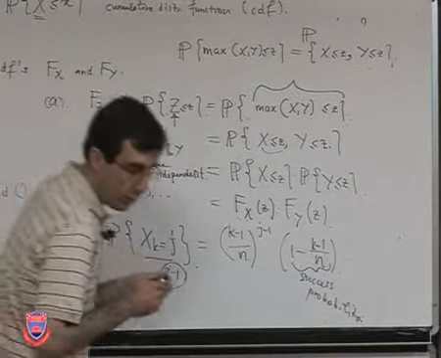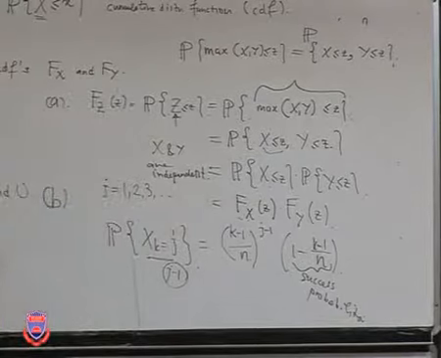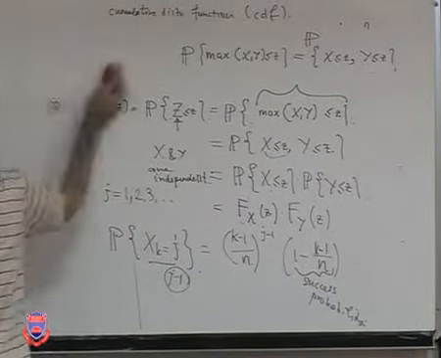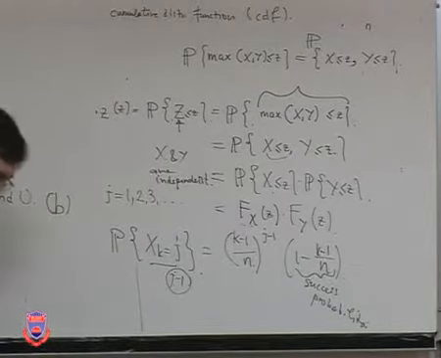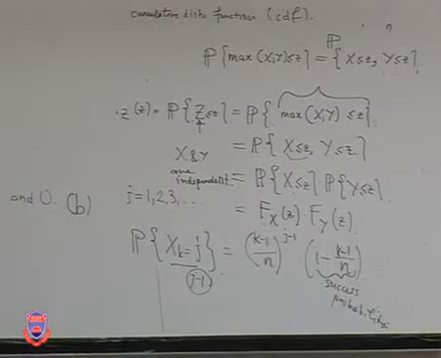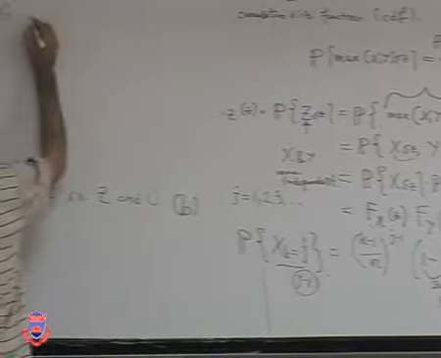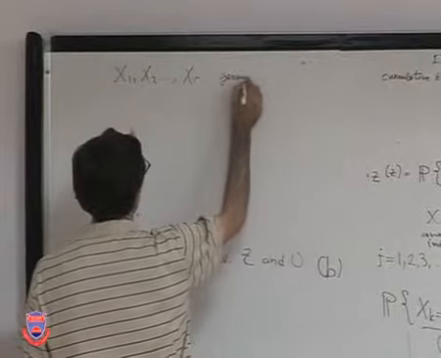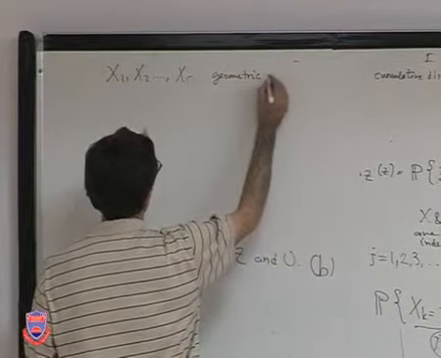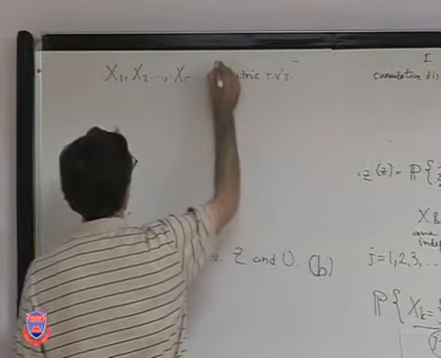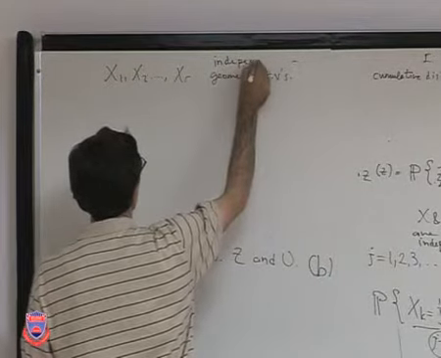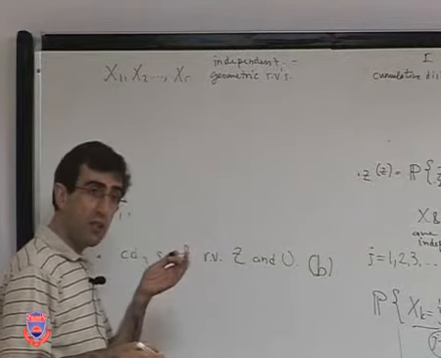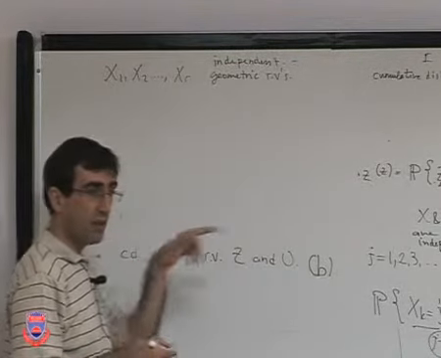So the conclusion is what? Our conclusion is what? All these random variables, x1, x2, and so on, all till xr, these are all geometric random variables. And they are also independent of each other, but they are not identically distributed. Their success probabilities are different because life gets a lot more difficult.